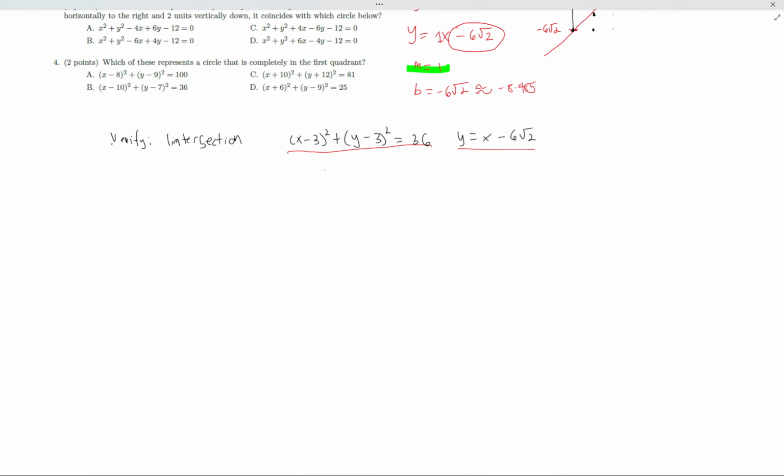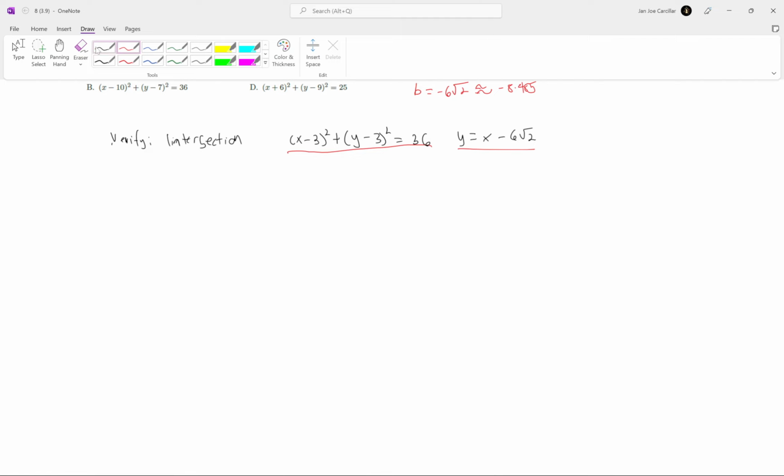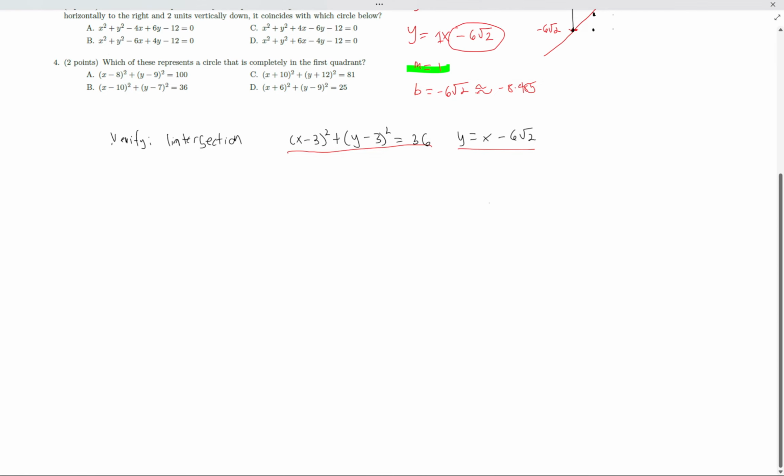The most convenient way is to substitute the equation of the line in terms of y into the equation of the circle, since we have isolated y already. Let me grab the equation of the circle. I have x minus 3 squared and then plus y. Now, let's replace y with the contents of the line.